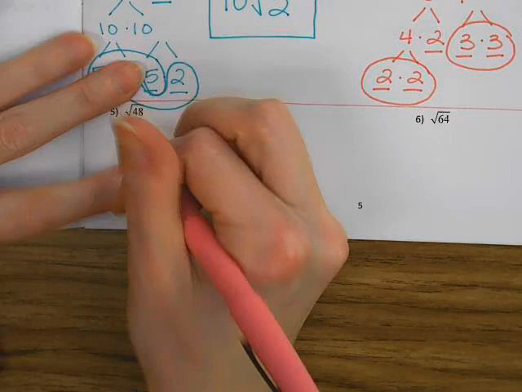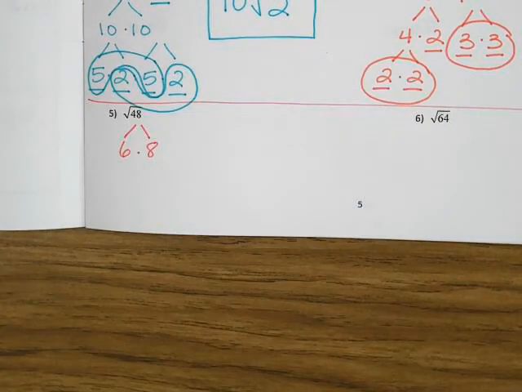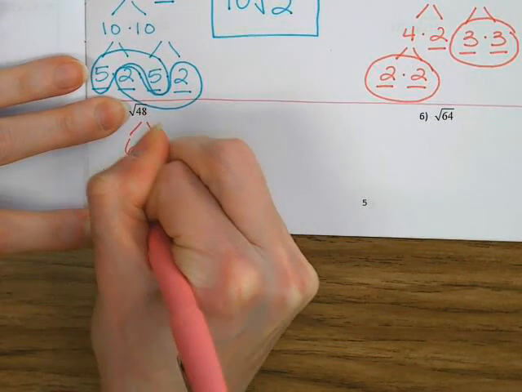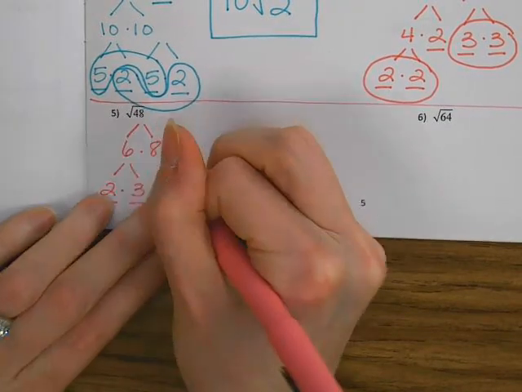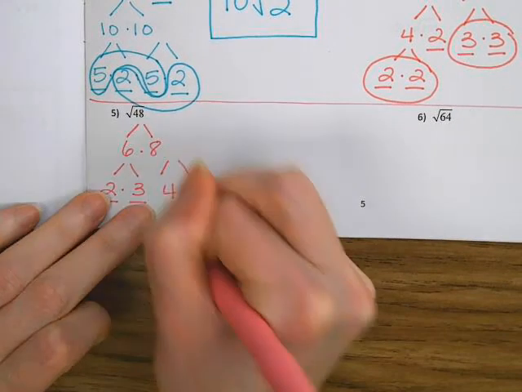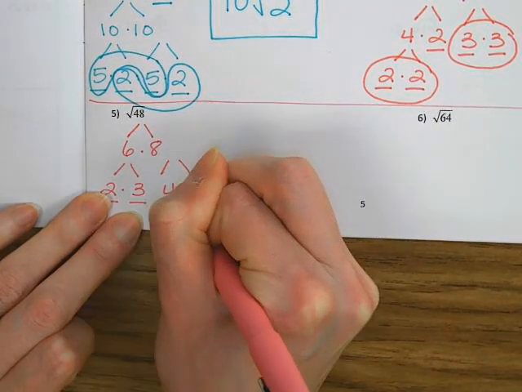Okay, 48. 48 is 6 times 8. But then 6 we can keep going into 2 times 3 and stop. And then 8 we can keep going into 4 times 2, but then 4 is still 2 times 2, and now we can stop there.